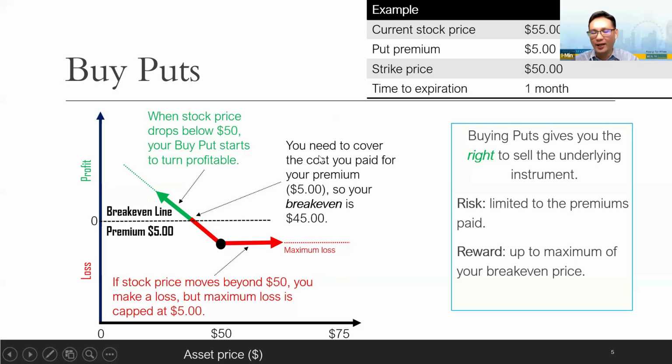Correct? It doesn't make sense, right? But if let's say the price dropped to $30, what I'll do is this: I will actually buy from the market at $30 and run to the option seller, say, hey, brother, we have this contract, I can sell to you at 50. Okay, so in this case, I actually make $20.